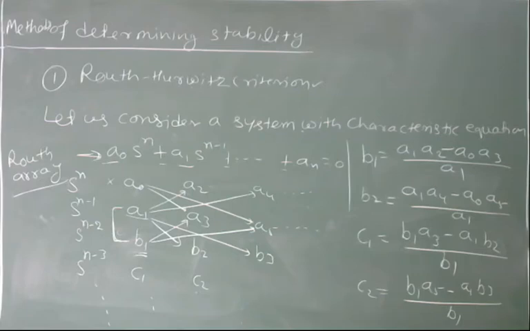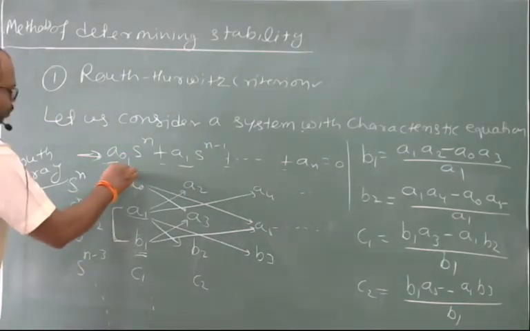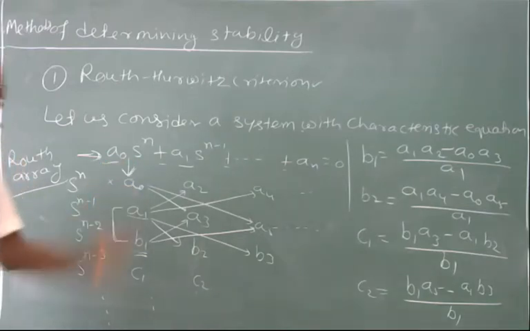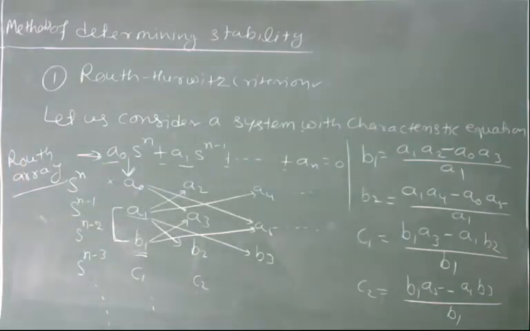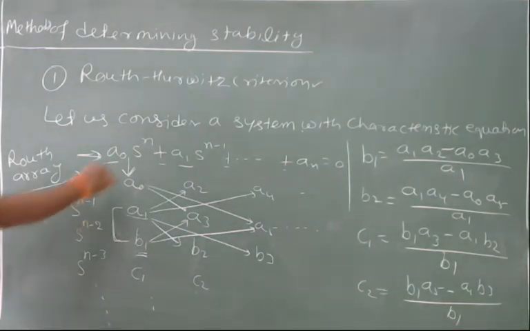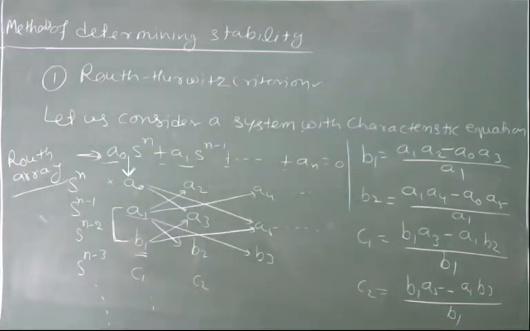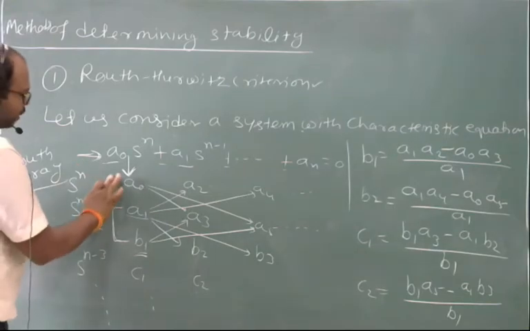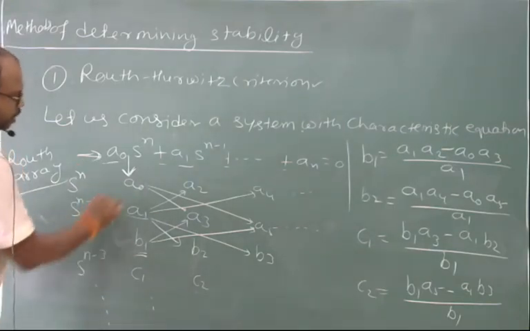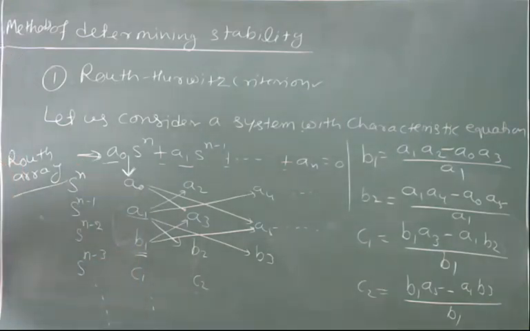And the RH criteria says that check the first column of the Routh array. If there is any sign change in this first column, it means the system is unstable.